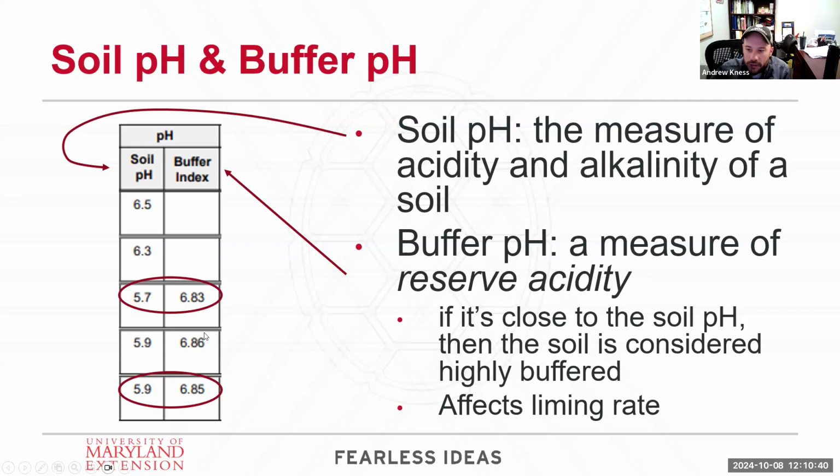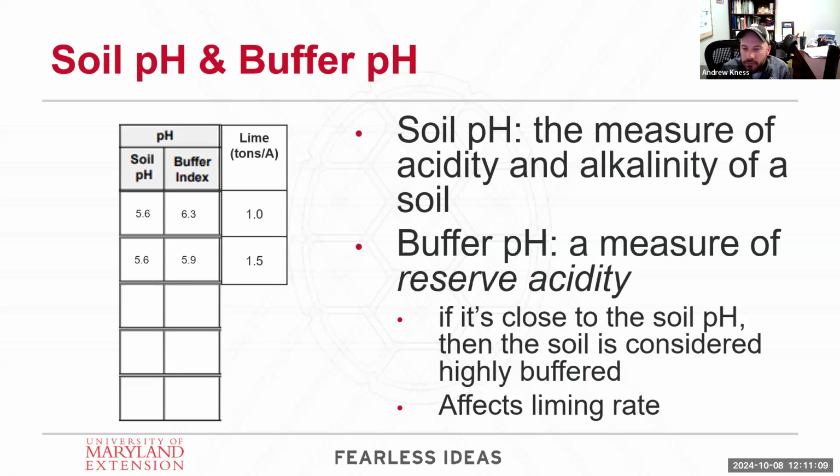There's not a huge difference between these two examples, but because the 6.85 is closer to 5.9 than 6.83 is to 5.7, this one down here is going to be the more buffered one, which in turn means that it is going to require more lime to bring it up to, say, pH of 6.5.